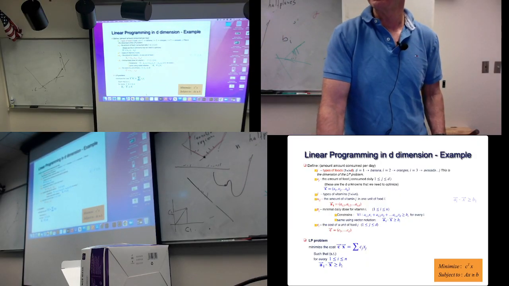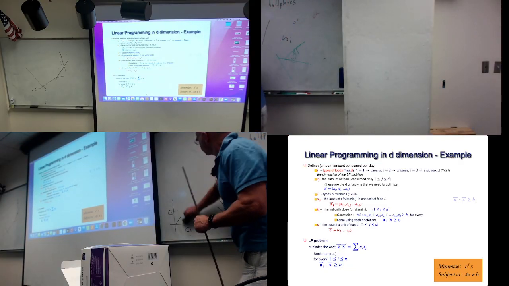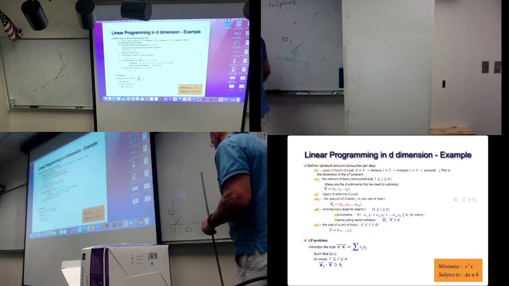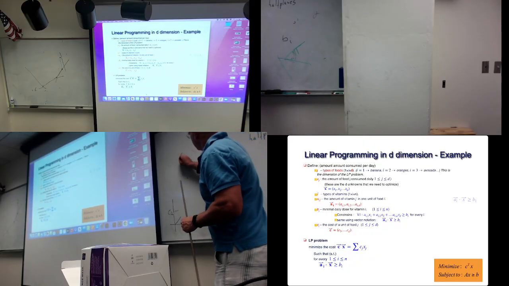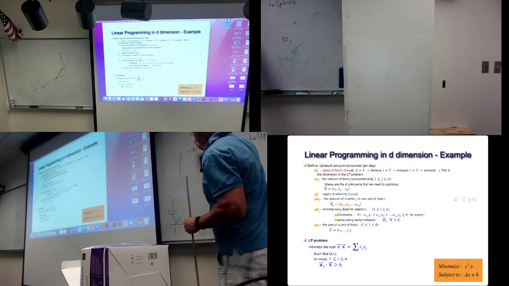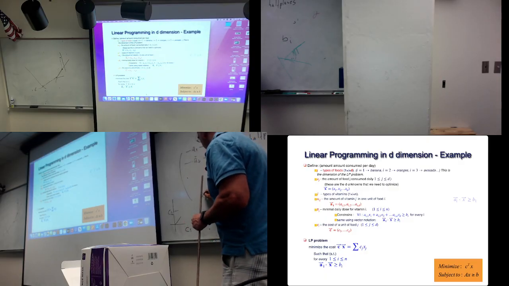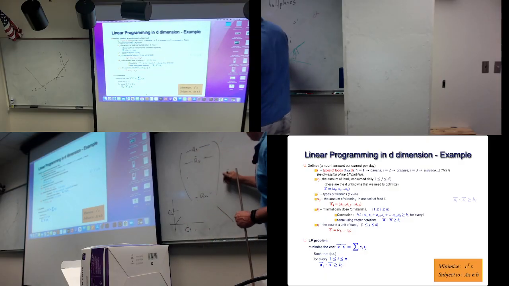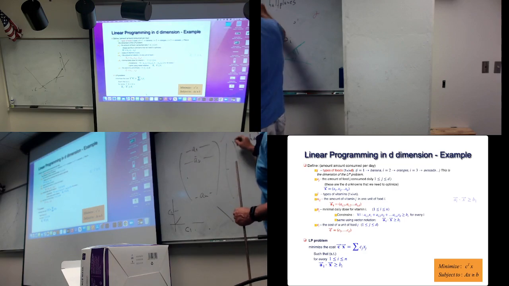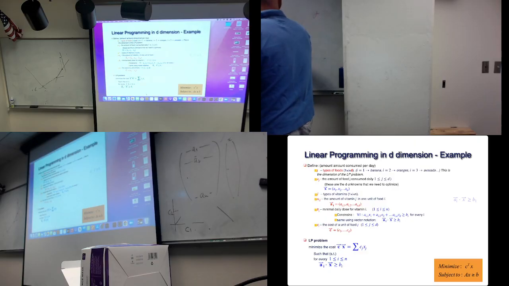If you like matrices, you can take the vector A1, A2 vector, all the way up to An vector, and multiply by the vector x, and want this product to be larger or equal, to be consistent, than the vector b.